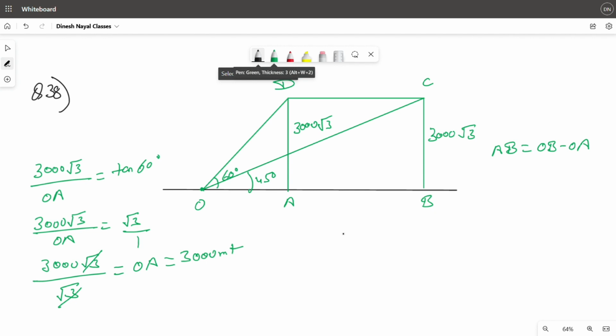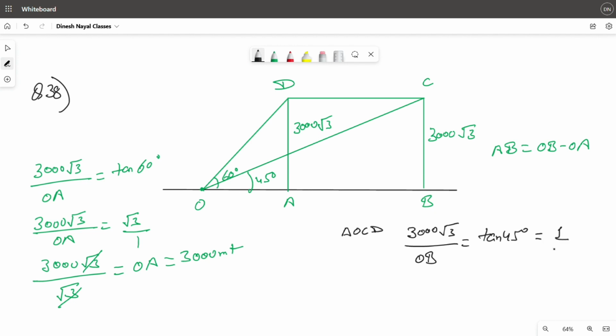Now taking triangle OCB, CB is 3000√3 and OB is the base. So 3000√3 upon OB is equal to tan 45 degrees. We know that tan 45 degrees is 1. When we cross multiply, OB will be 3000√3 meters.